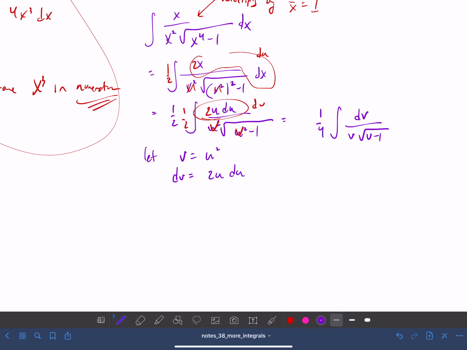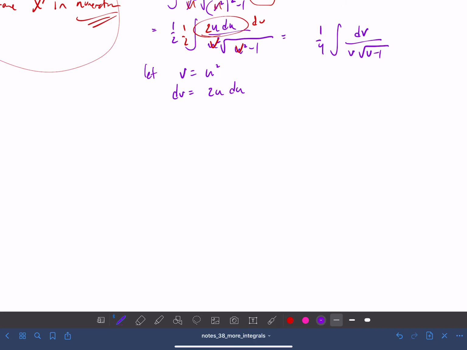So I've got a quarter of dv over v root v minus 1. Let's let w equal v minus 1, so dw equals dv. And I also know that w plus 1 equals v.